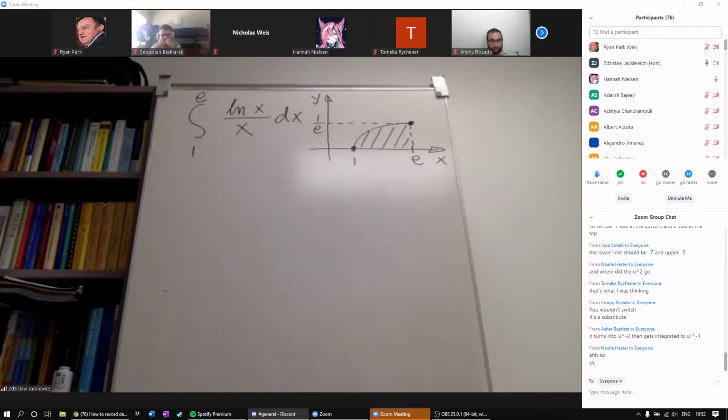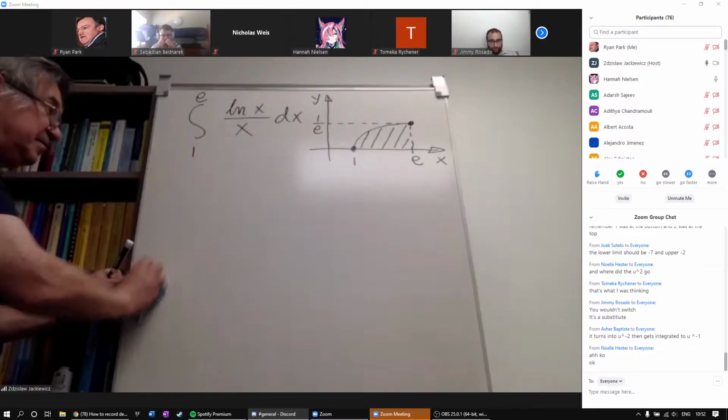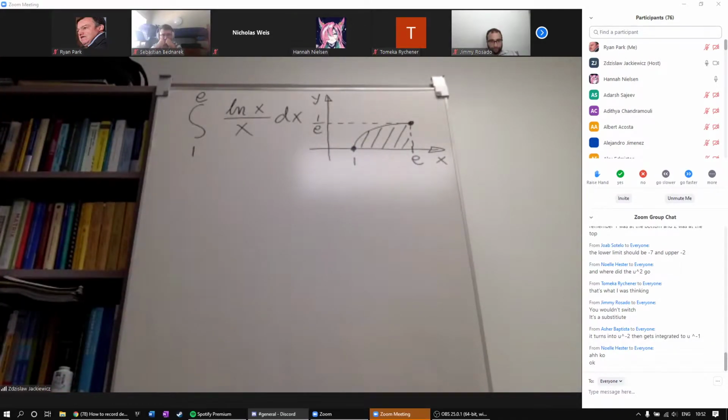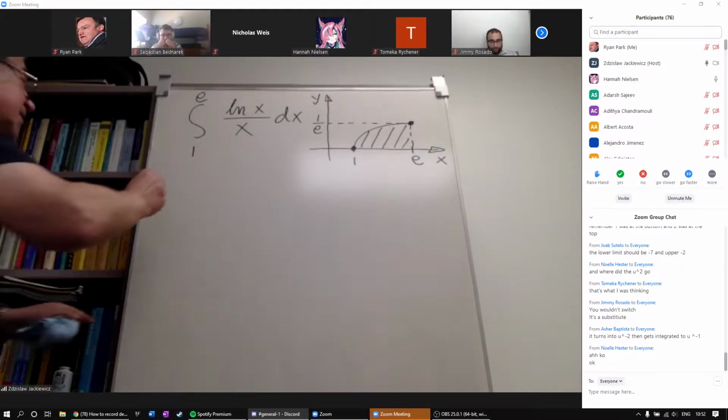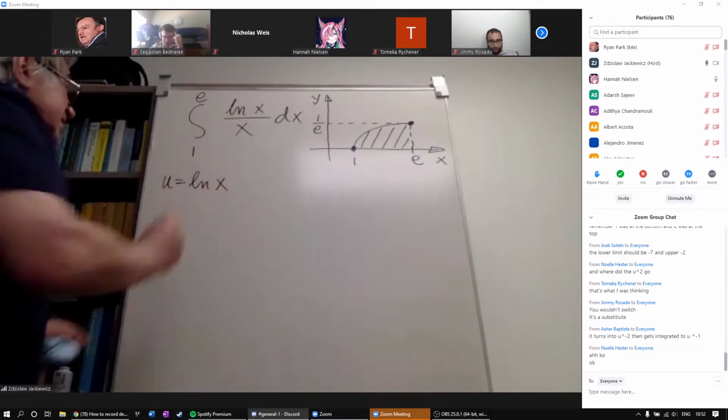Okay, so now let's do computations. Let's compute this area. The substitution that will work is u equal ln of x.